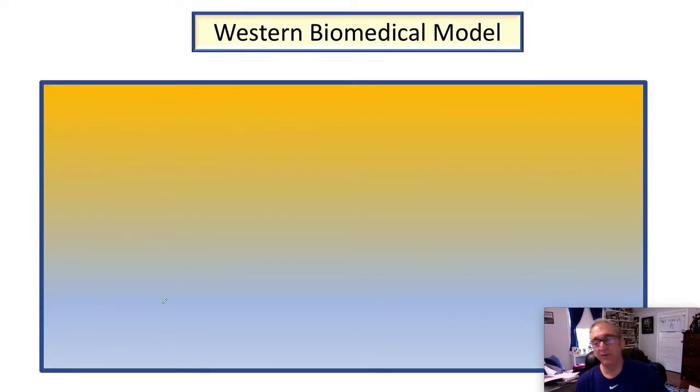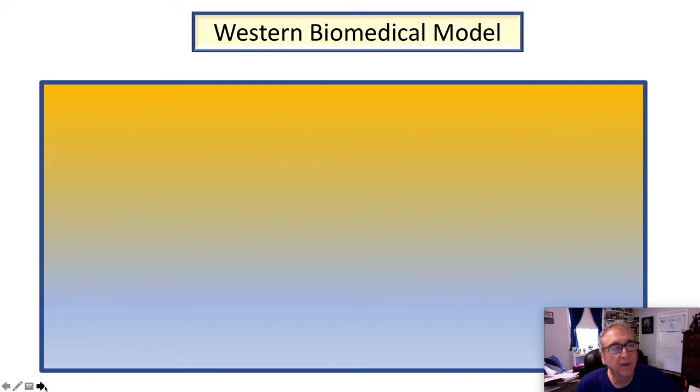All right. So the Western biomedical model, let's talk about that a little bit. And to talk about the Western biomedical model, we've got to go back to our understanding of what ethnomedicine is.